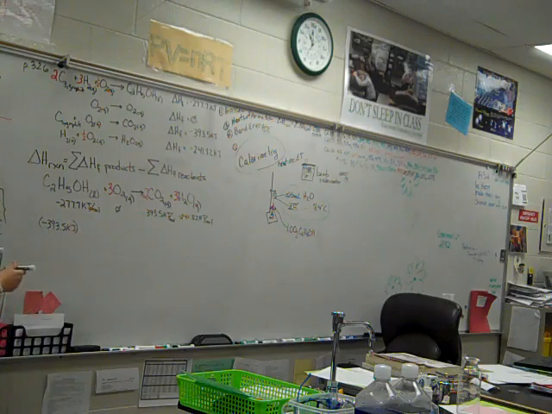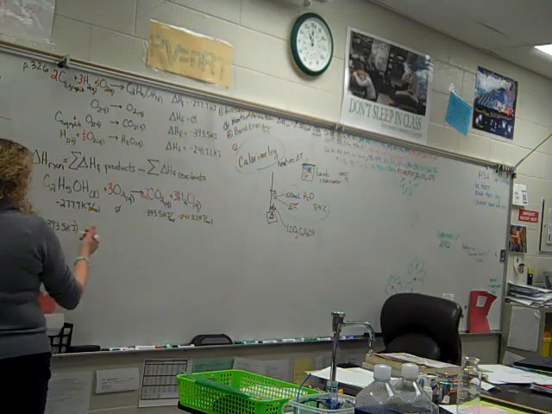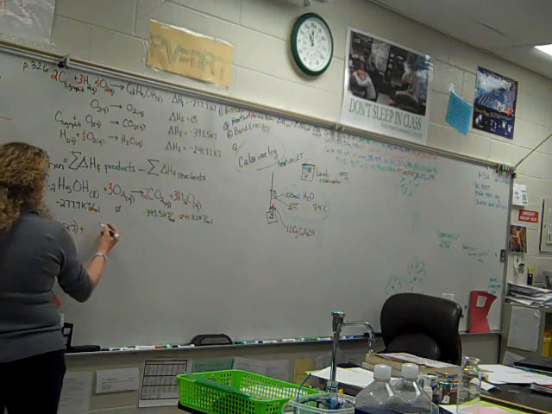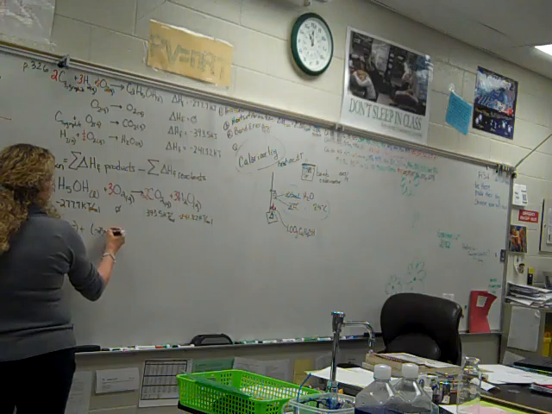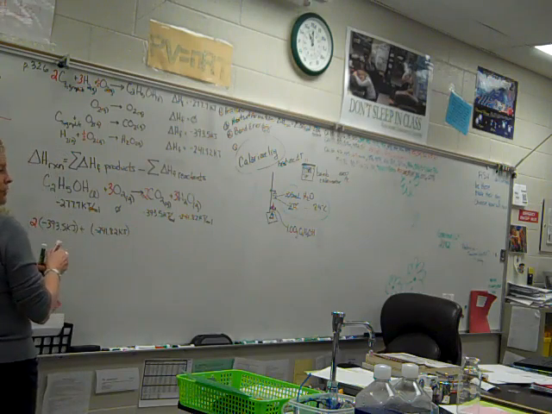What are we going to multiply that by? 2. There's 2 moles of that. For each mole it's 393.5, so for 2 moles we multiply by 2. Then we add to that our water, which is negative 241.82. How many moles of that do we have?